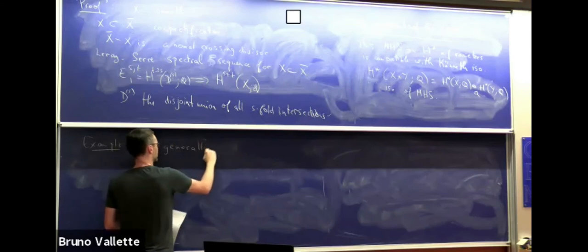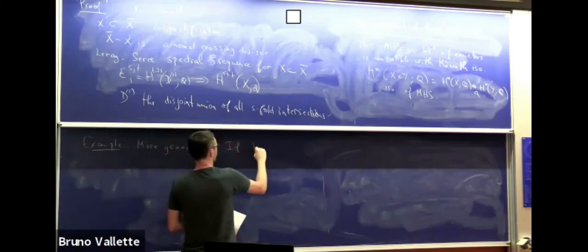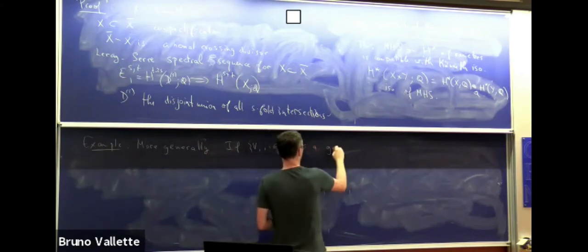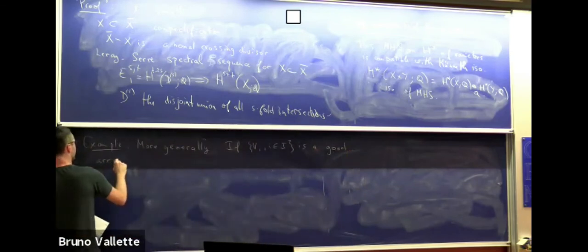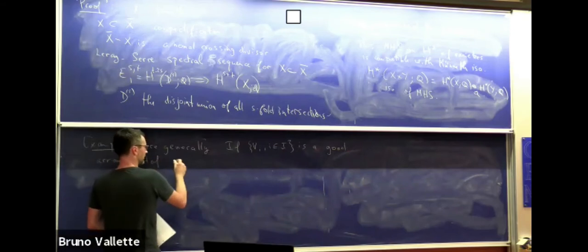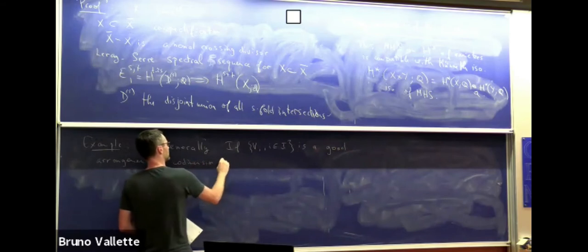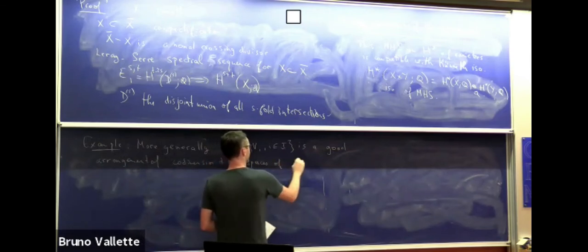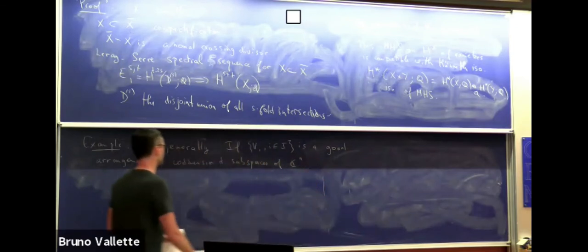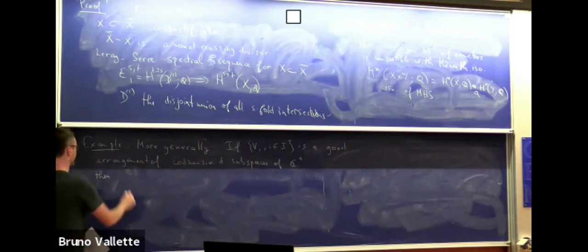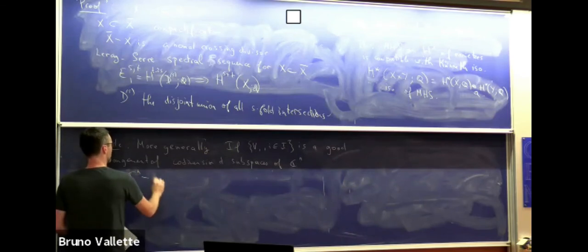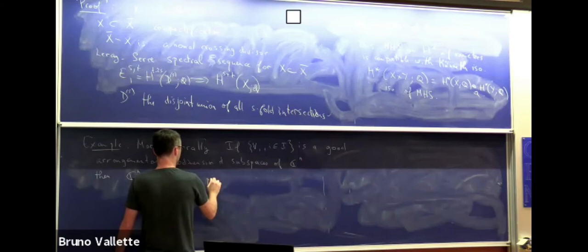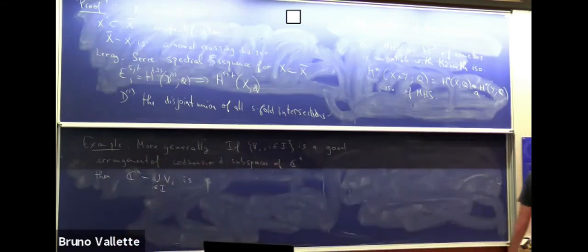More generally, if V_i is what we call a good arrangement (I'm going to define this in a second) of codimension d subspaces of C^n, then the complement is pure, the same level of purity, 2d divided by 2d minus 1 pure.